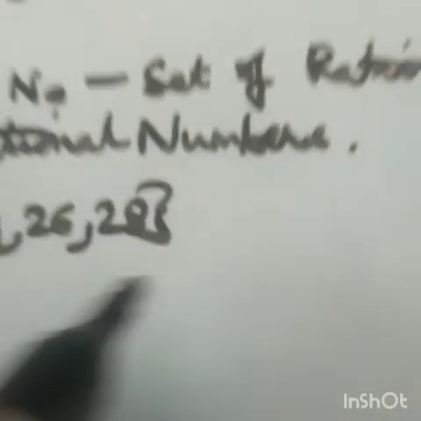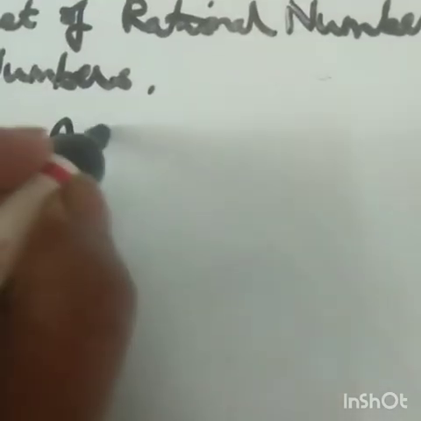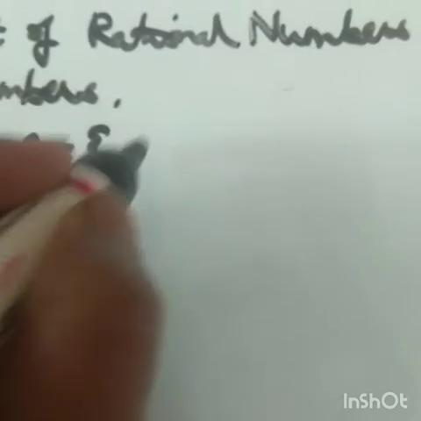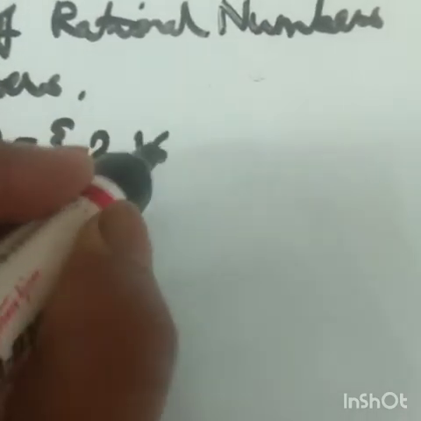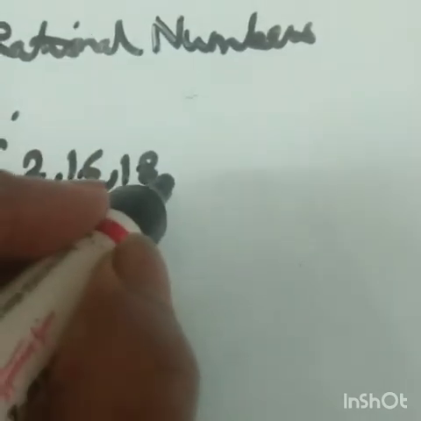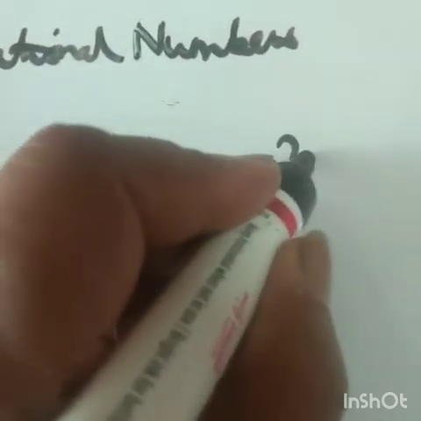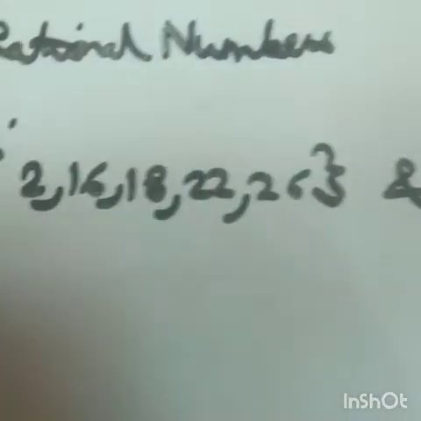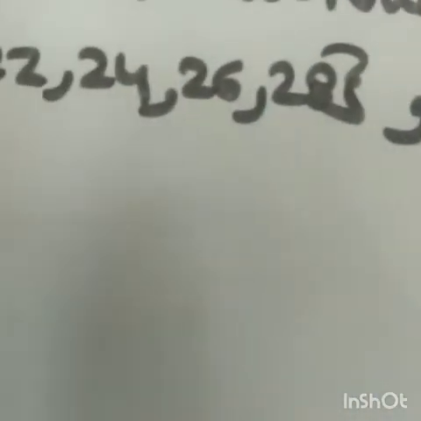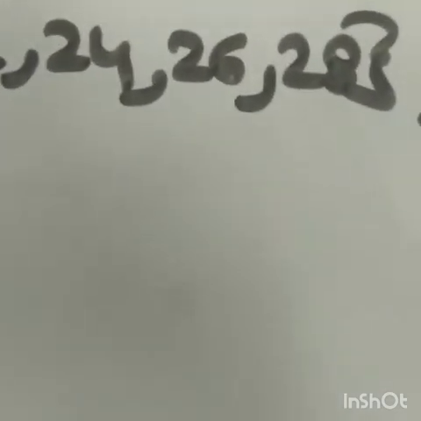Now A is already given. A is equal to 12, 16, 18, 22, 26, and two sets are already given.